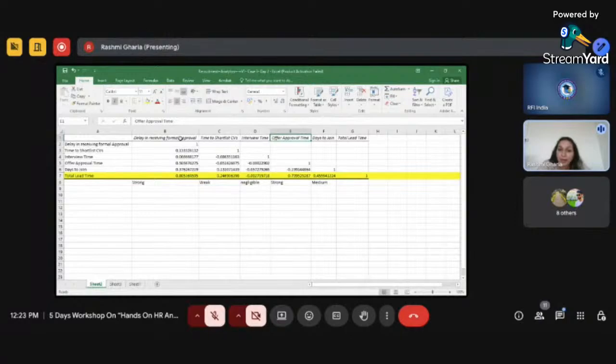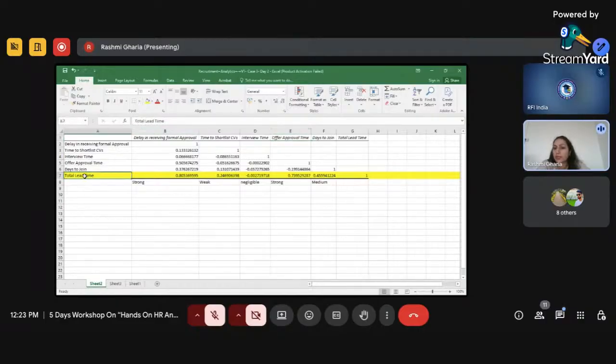Whether it is approval to start the process or approval to take the candidate or not. The problem is with the approval time, that is formal approval to start the process and formal approval to offer the job to the candidate. So if we reduce the time here, we are able to reduce the total lead time.